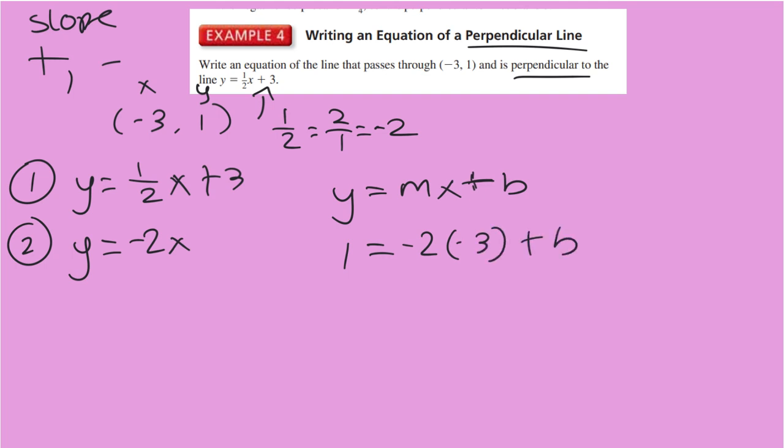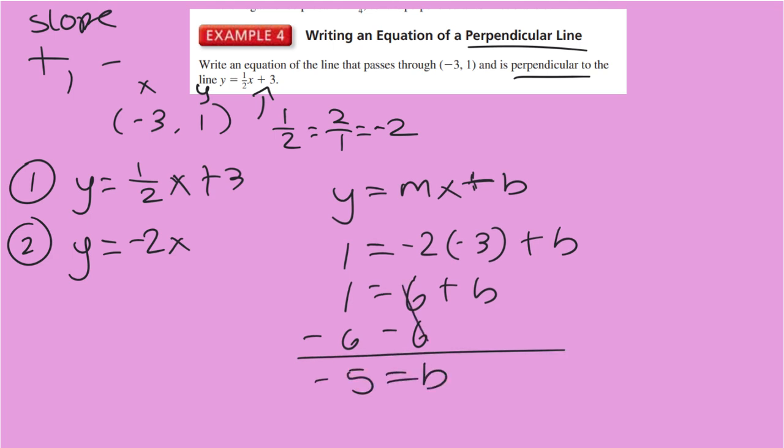That's what we're solving for. So 1 equals -2 times -3 gives me +6 plus b. I'm going to subtract 6 from both sides, and I'm left with -5 equals b. So my new line's y-intercept is -5.